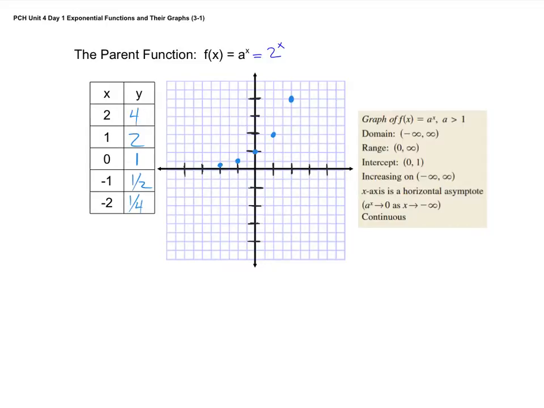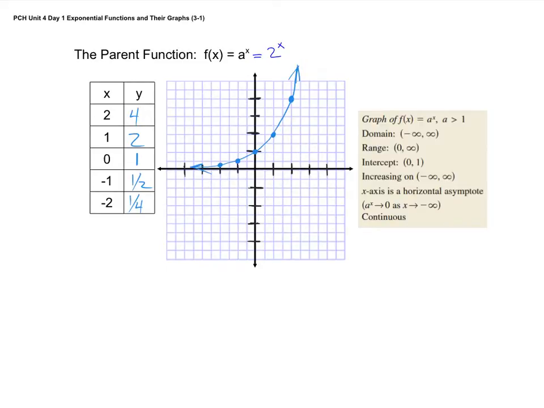So you can see here we've got a growth function. It's growing as x goes from left to right. Now let's observe a few of the things we just mentioned on the previous slide, but on this particular graph.